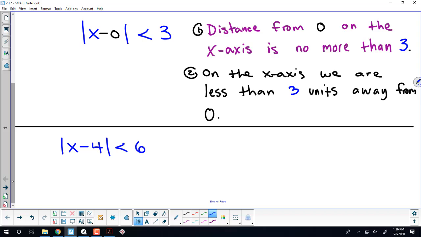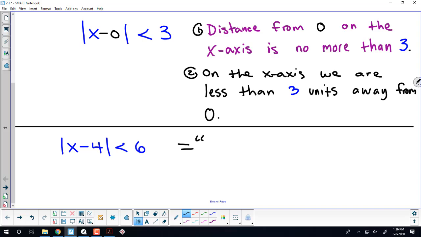So keeping this same notion of words that we had above for the absolute value of x minus 0 less than 3, what would we say here? What does this entire statement mean? Less than 6 away from 4. Right.